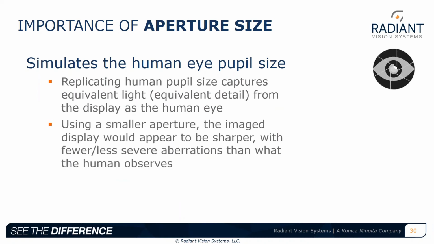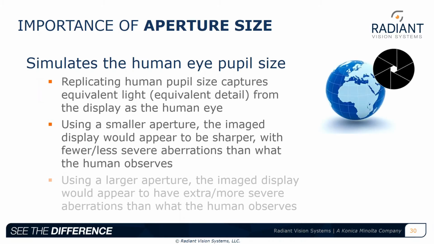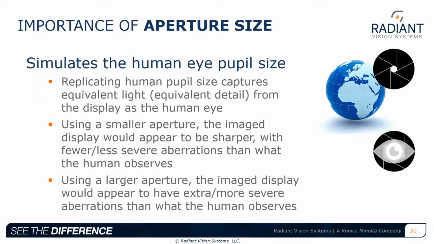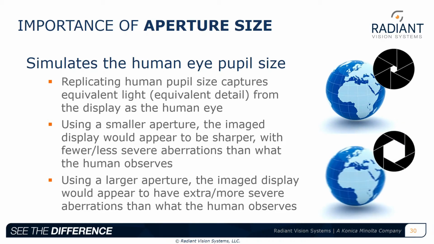So what's important about designing this to replicate the size of the human pupil? Basically, we want to try to image the device the same way that a human would see it if they were using it. And so we're trying to replicate approximately the pupil size of a human. If we were to make the pupil really, really small, that might make the lens design easier.